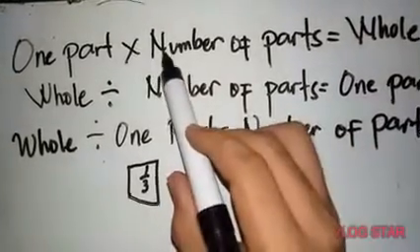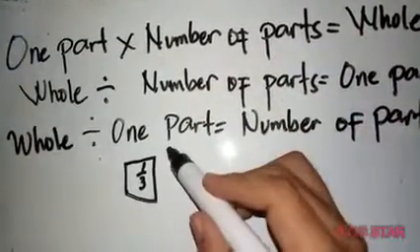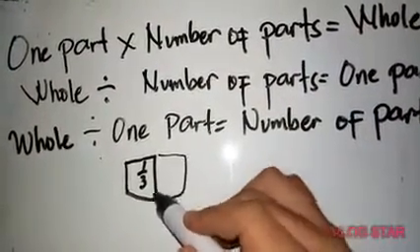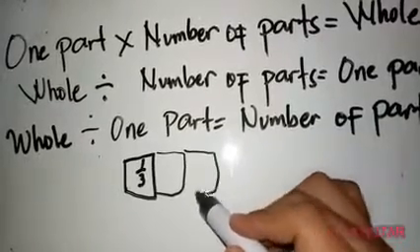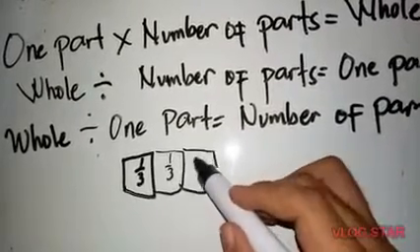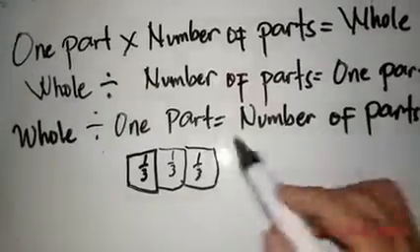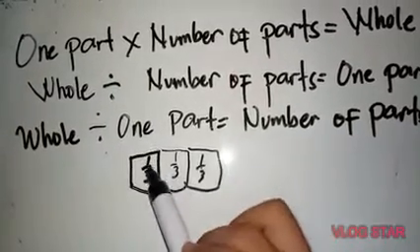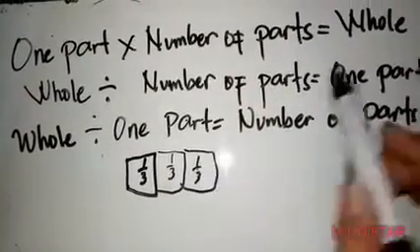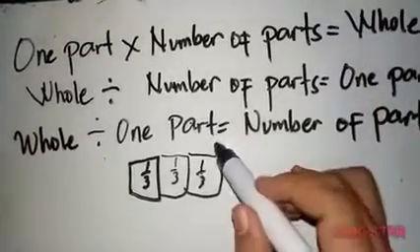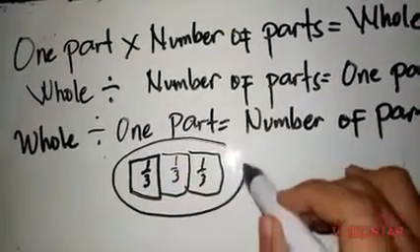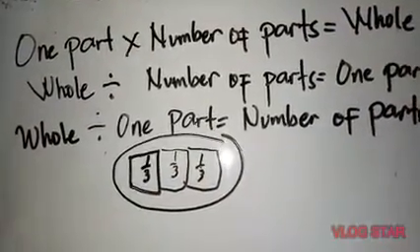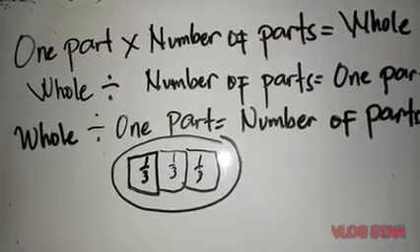So let's say that there are 3 parts. 1/3 plus 1/3 plus 1/3, or 1/3 times 3, the answer is whole. So it means this is the whole one.